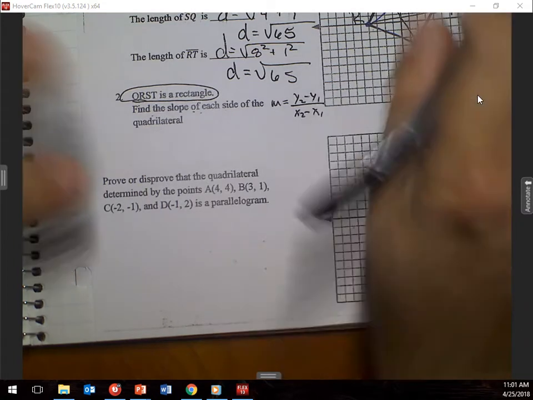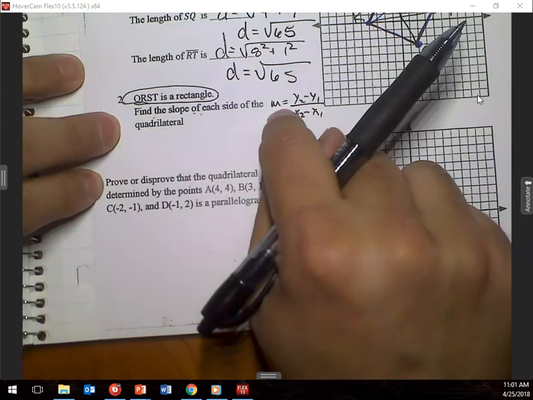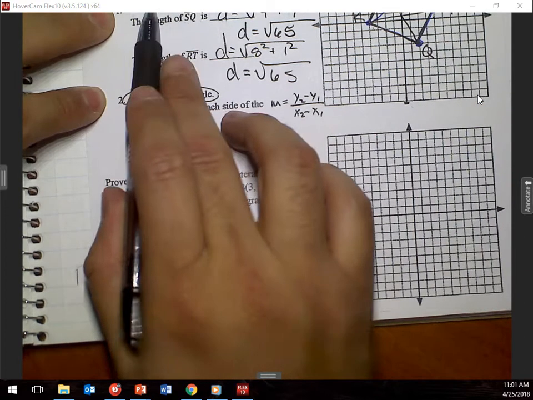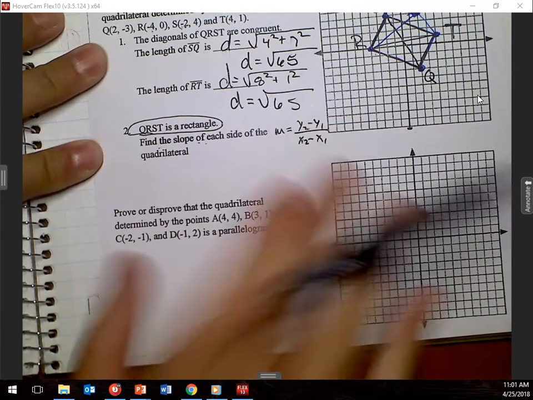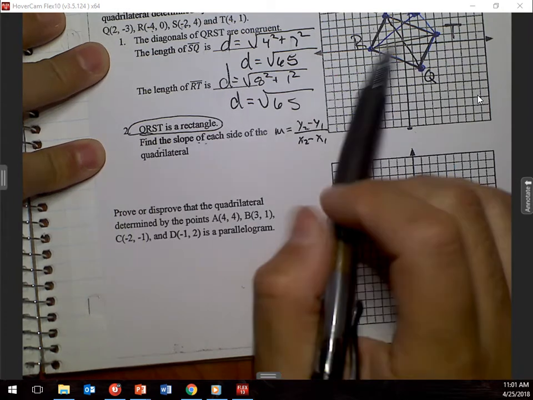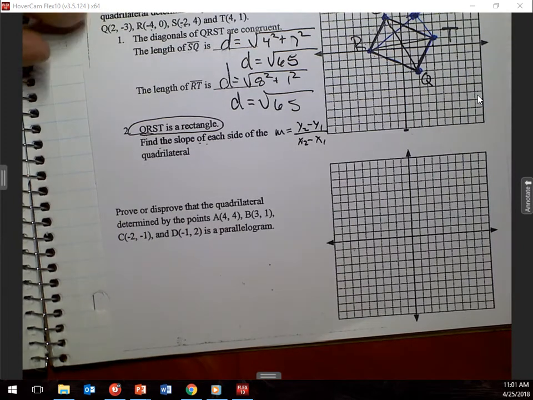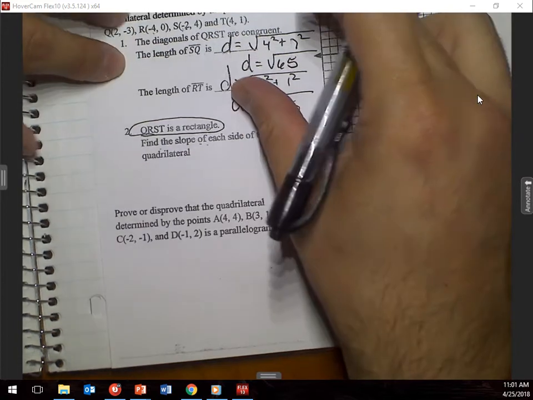Alright, so we have that much information. So now let's go through and do this for RS. Can you guys see it up there? So RS. Let's call S my second one.